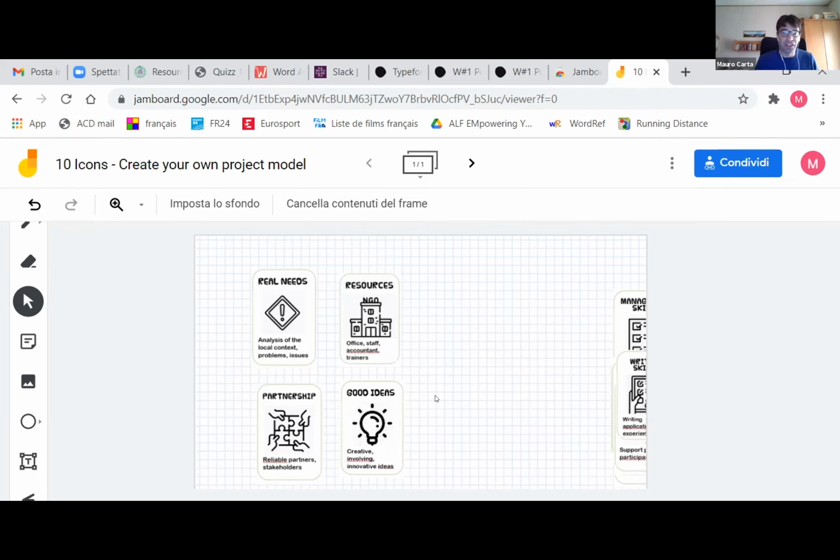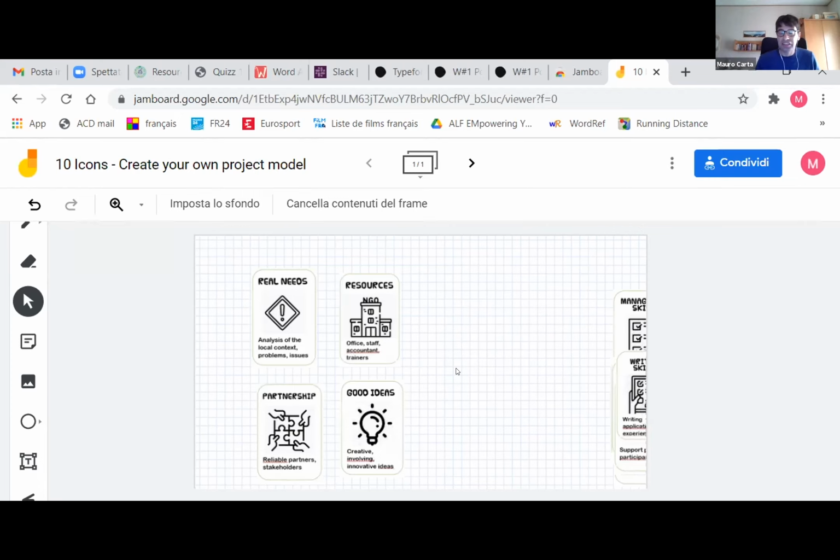So to recap, real needs, resources, partnership and good ideas are, for us, the most relevant elements to start a project. As you can see here, we didn't include the money. Of course, money is super important.